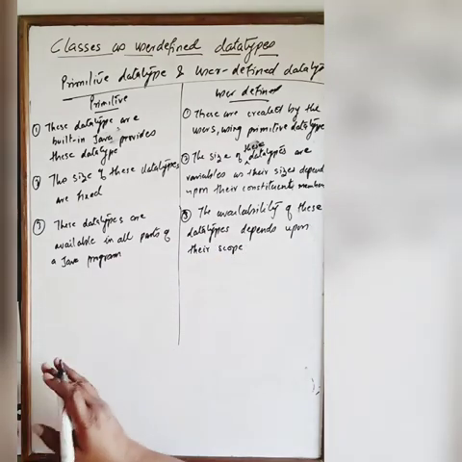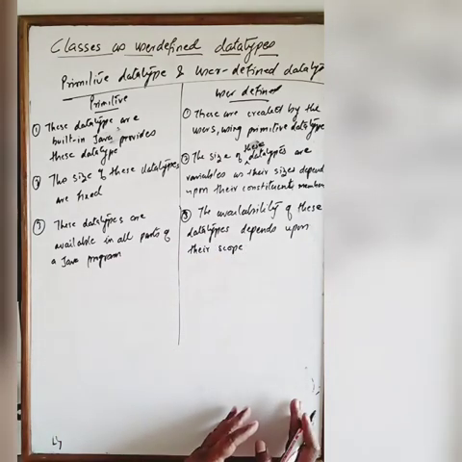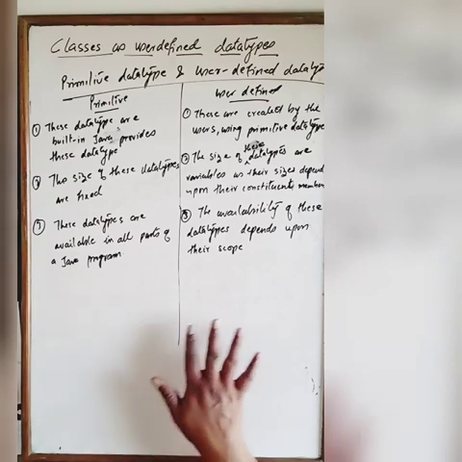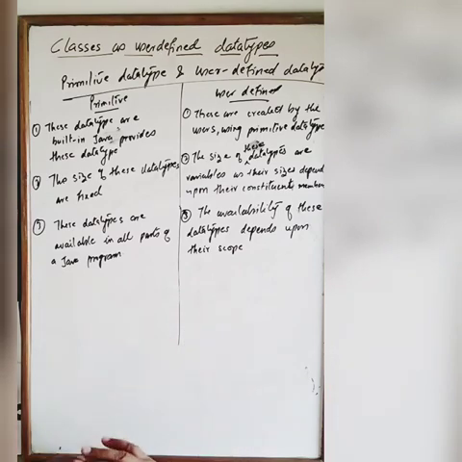Yes, it is a class. One class data type cannot be used in another class. So the object has to be used. So the availability will depend on their scope. So this is the difference. Very important. Many times it has been asked in the board.